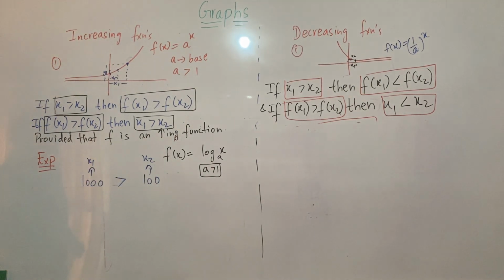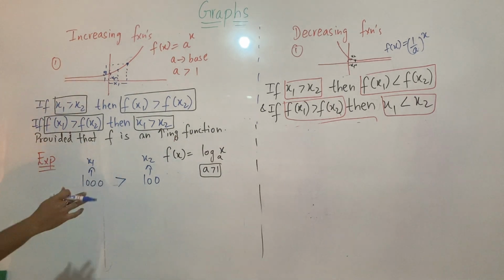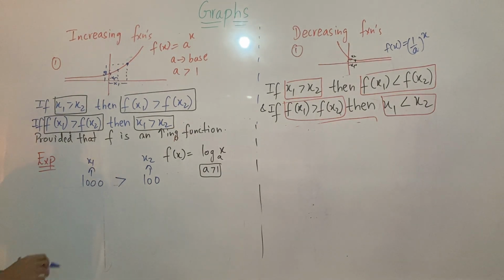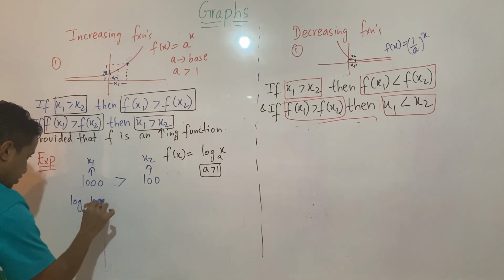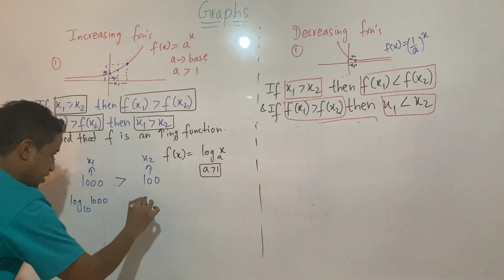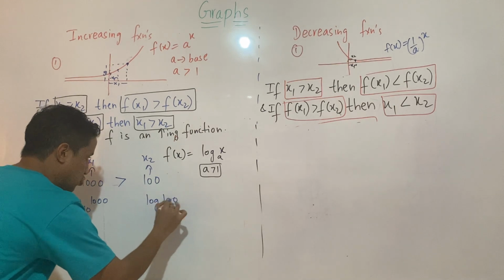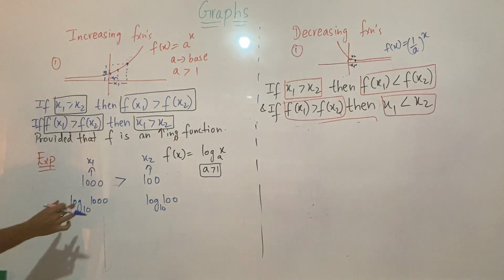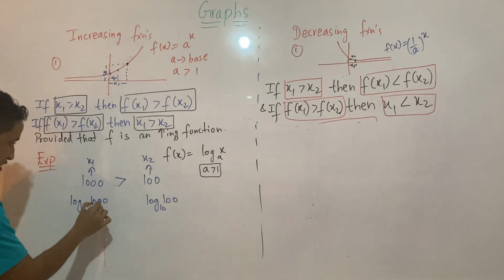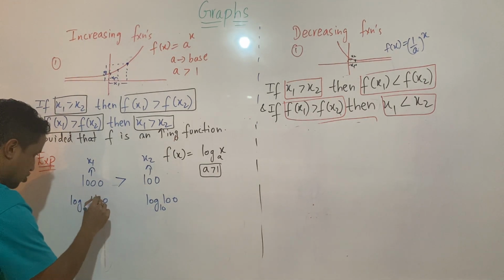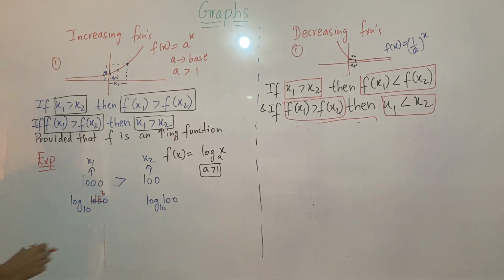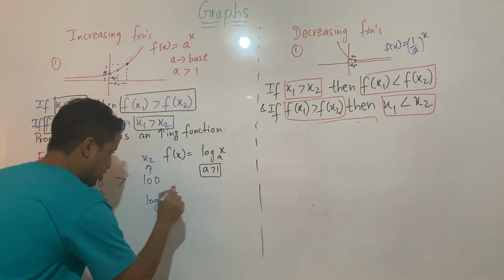Now if I take log with respect to base 10 on both sides, this is going to be log of 1000 to the base 10, and log of 100 to the base 10. This can be written as 10 raised to power 3, and this as 10 raised to power 2.